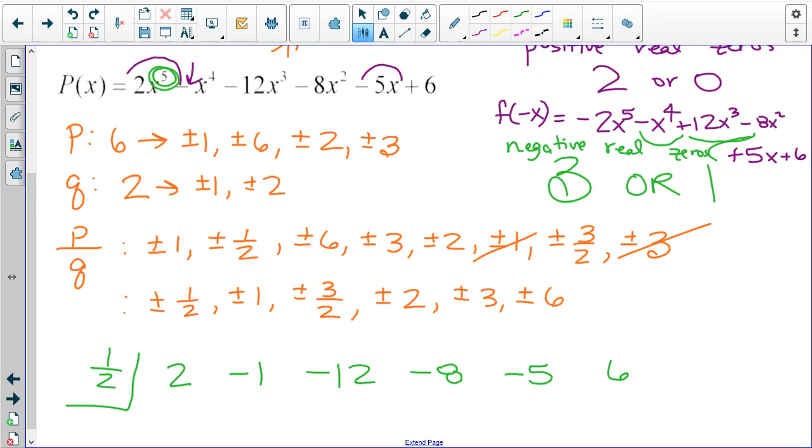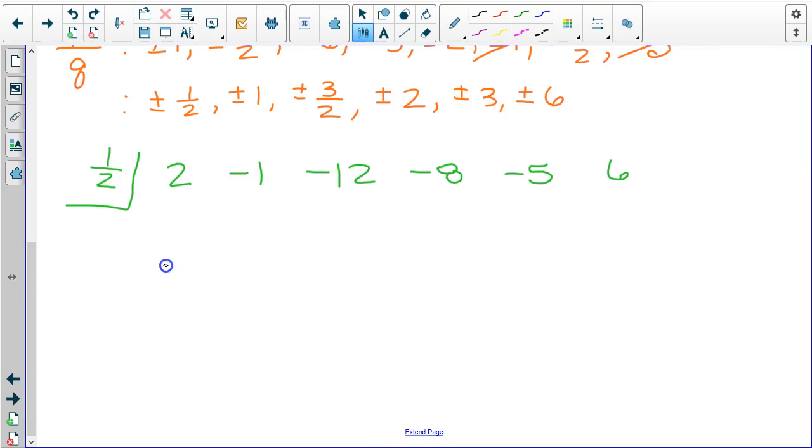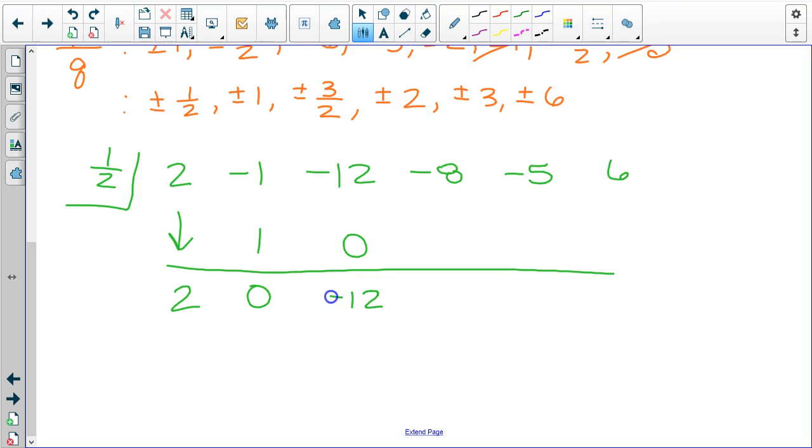Keep that in mind, because once we find 1 zero, then it's a 4th degree. All right, so first step is to bring down the 2. What's half of 2? 1. So -1 and 1 is 0, times 1/2 is 0. -12. Half of -12? -8 plus -6. Half of -14. Add them together.